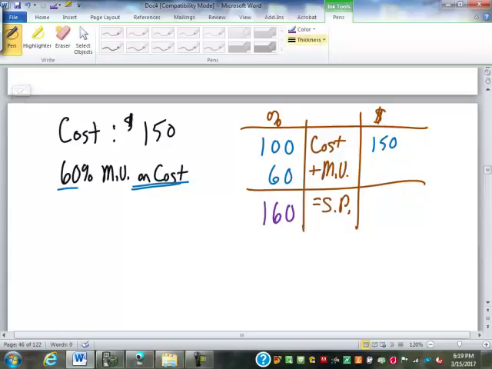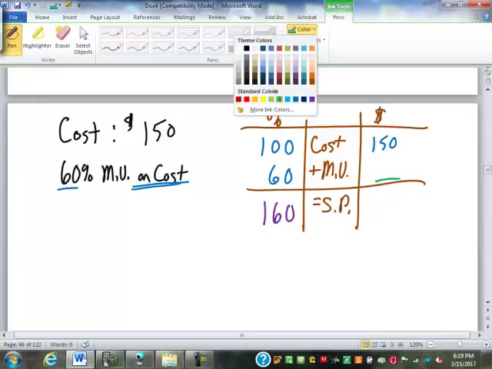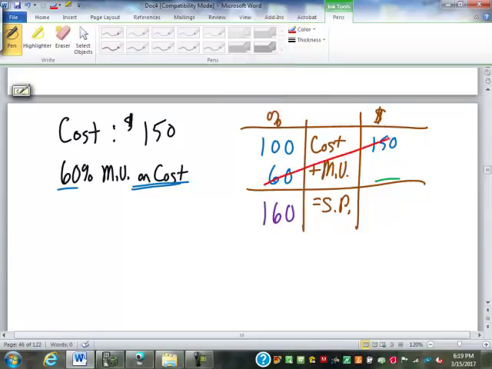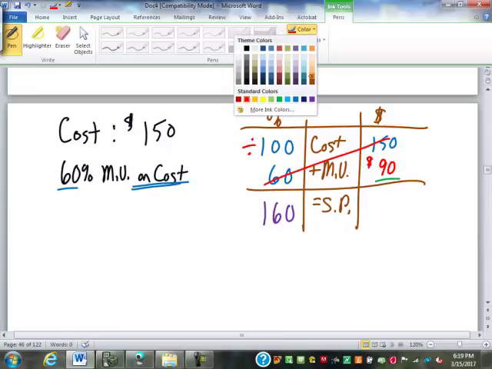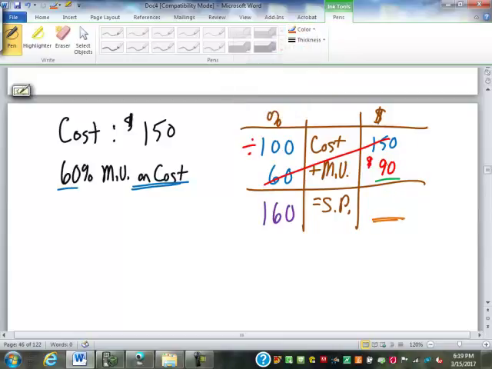We can find the markup here. Cross multiply and divide: 60 times 150 divided by 100 is $90. I could find the selling price here. I could do the 160 times 150 divided by 100, or I could just do the 150 plus 90, which is $240. Great. Okay.